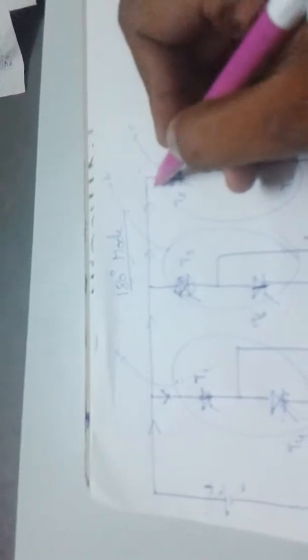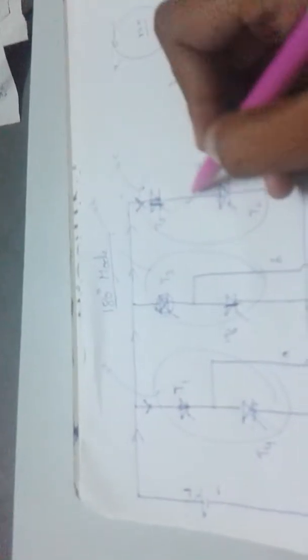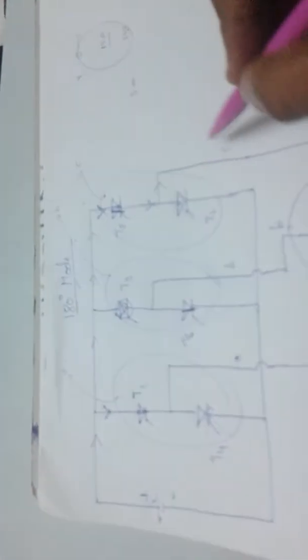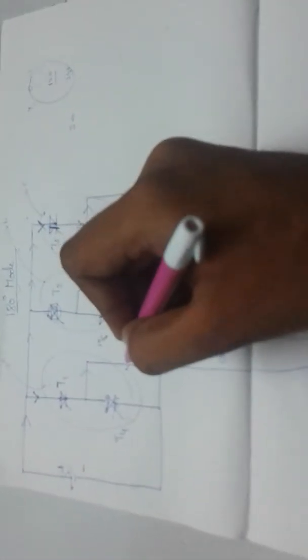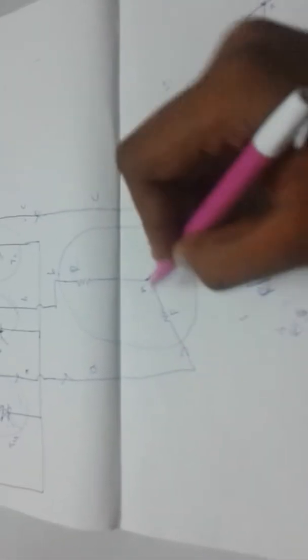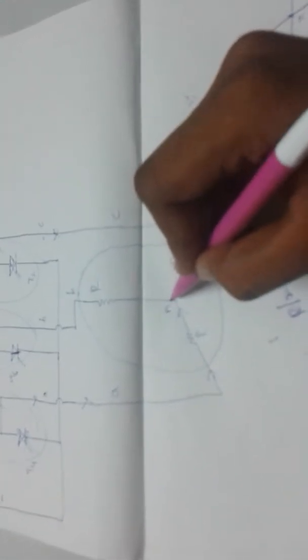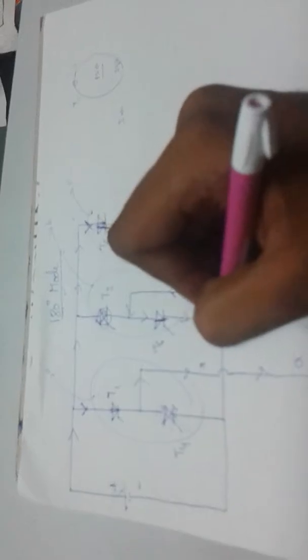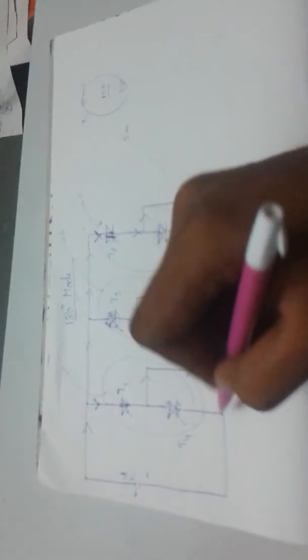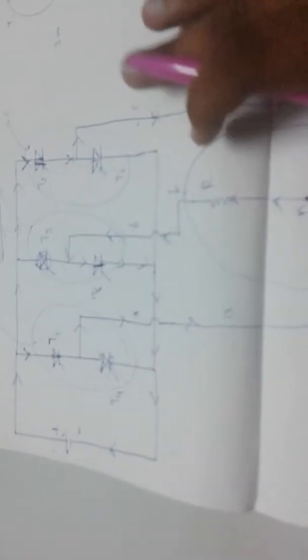Here it is divided. It is off. So the current goes up to here, meets at neutral and goes like this. Like this the current flow will occur.